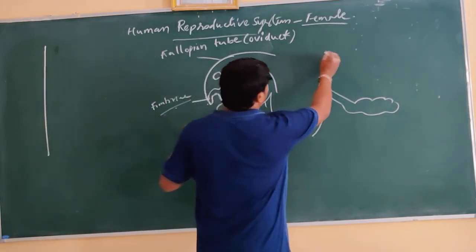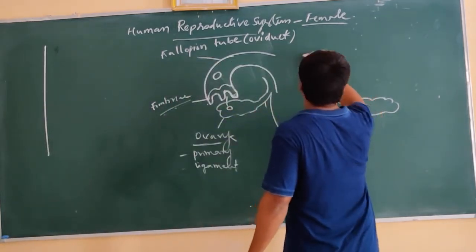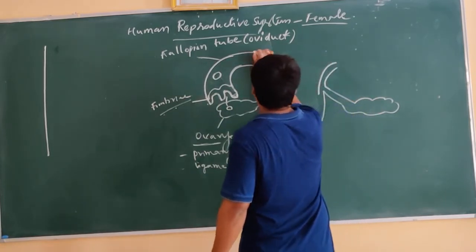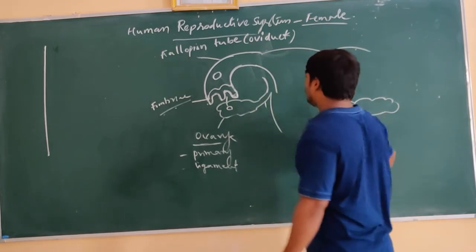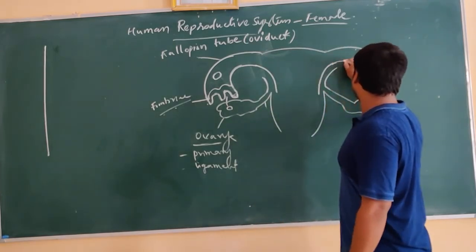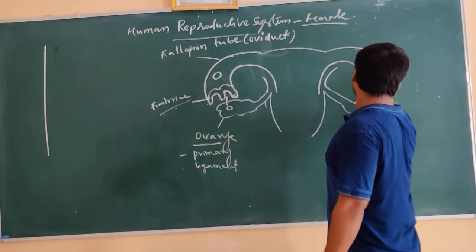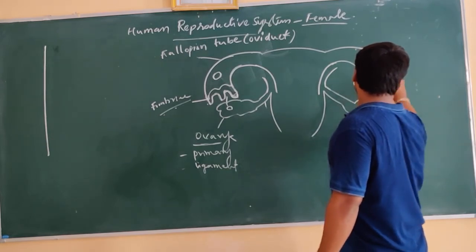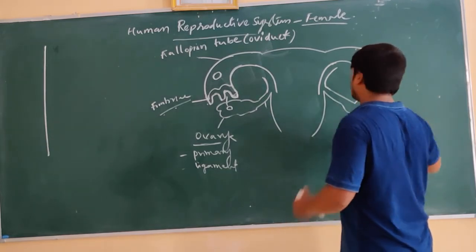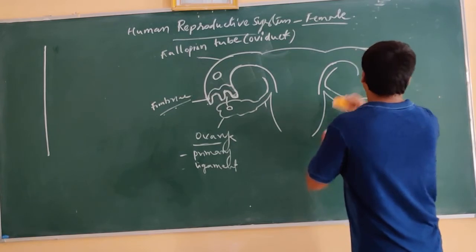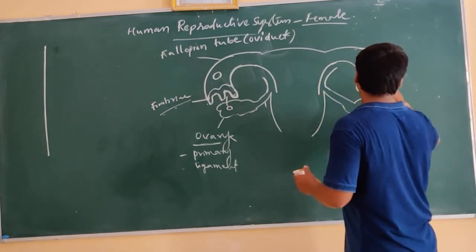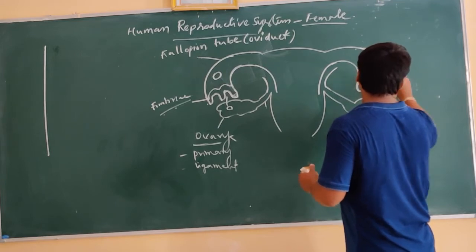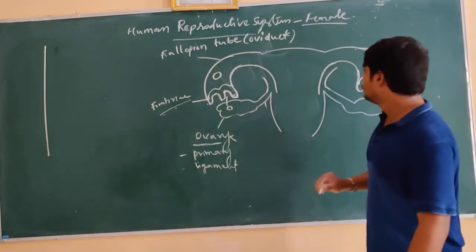And if you observe, on both sides you can find the same structures, the fallopian tube on both sides.